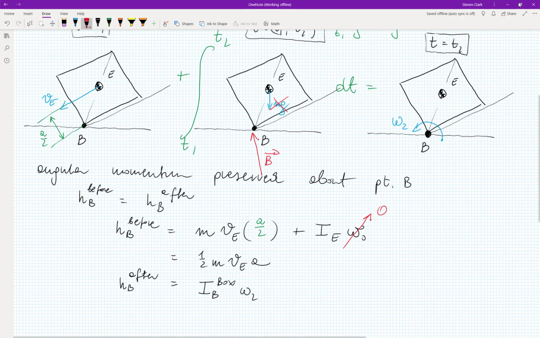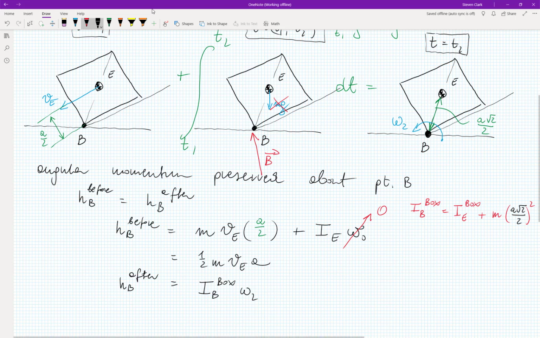Okay, parallel axis theorem. So in here we just write IB box equals IE box plus M some distance squared. And the distance between point B and E is obviously this distance. This will be half of the diagonal, I believe. So this will be square root of 2 divided by 2.